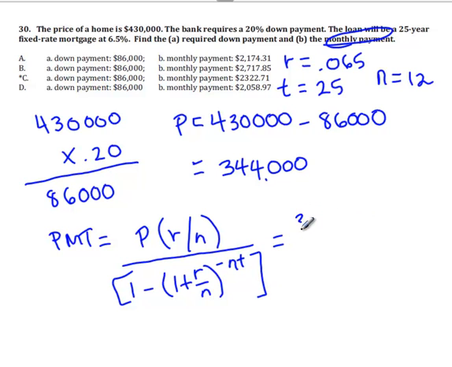So 344,000 times 0.065 over 12. That's what's going to go in our numerator.